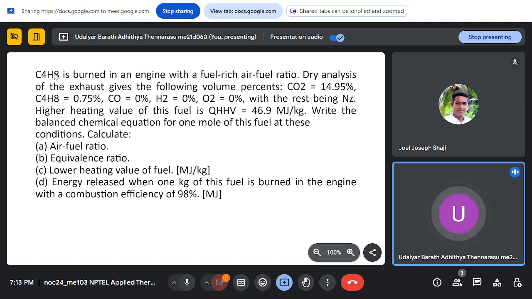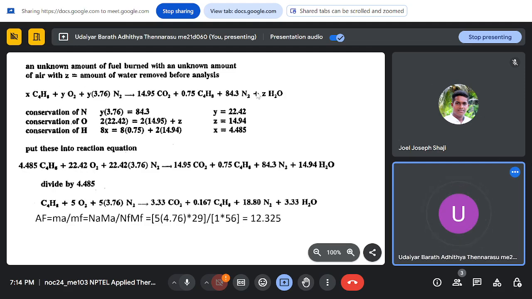By volume is similar to moles, so you can work with moles also, but you cannot use it in terms of mass. So then you have to find out the molecular weights. But here the volume percentage is given. So we'll see how to solve this.